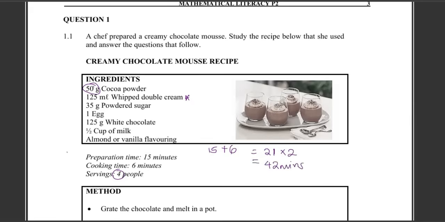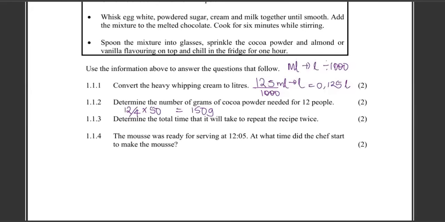So they're asking us the total time that it will take to repeat the recipe. So we shall say 21 minutes times 2. We get the answer as 42 minutes.